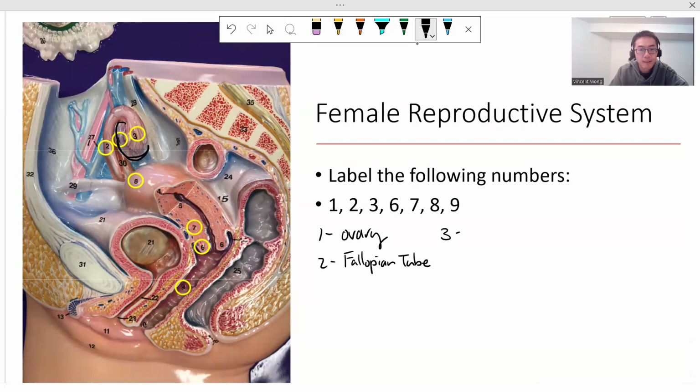Number 3 is the fimbriae to help guide the egg to the fallopian tube.